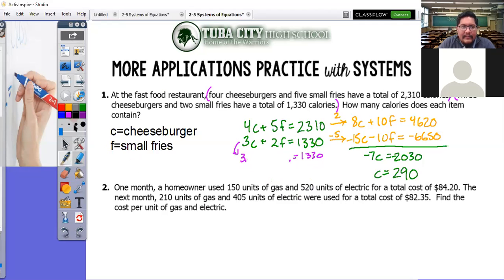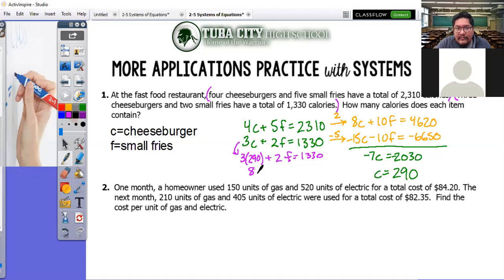I don't know how that happened. That's so weird. So I know the cheeseburgers are 290, and now we're looking for the calories on the fries. Okay, luckily I caught myself on that.